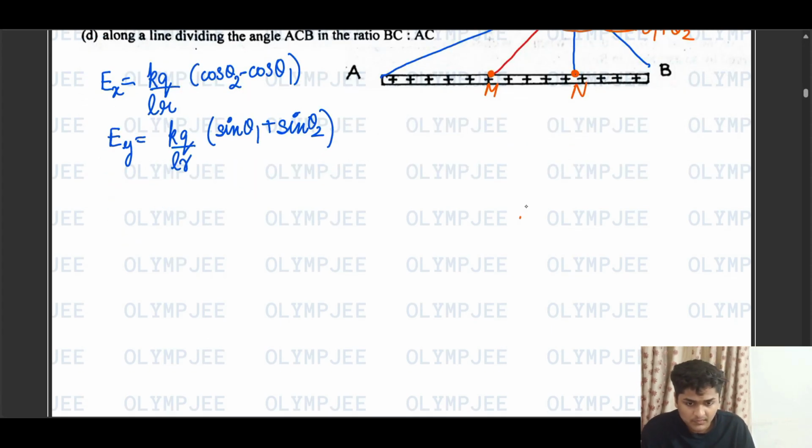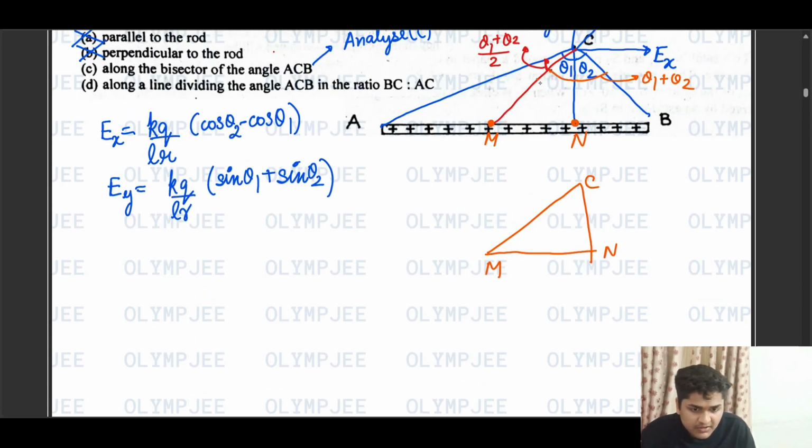So in this triangle that we have, this angle would be equal to theta 1 plus theta 2 by 2 minus theta 2, because this angle is theta 2.